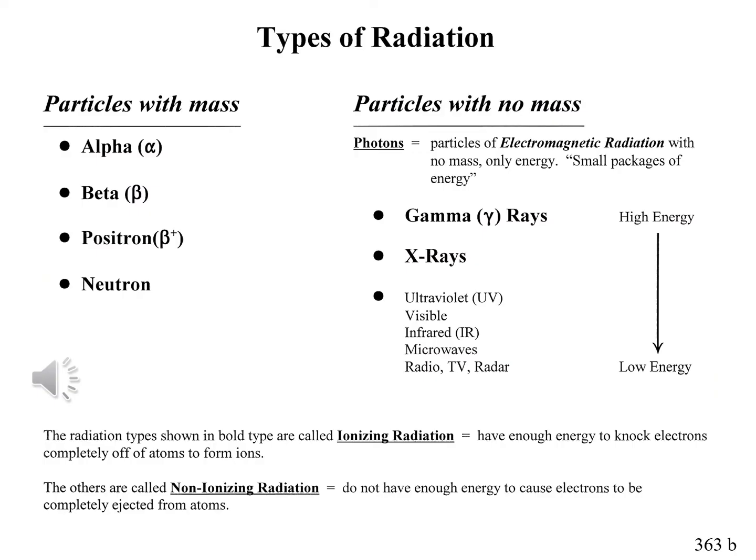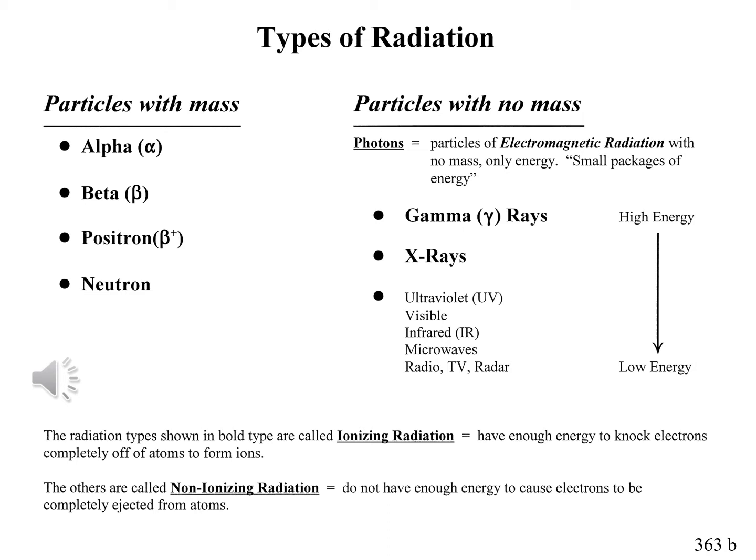So one classification of radiation is particles that have a mass and particles that don't. Another classification, though, is into whether particles have enough energy to actually cause atoms to ionize. All of the ones that are in bold here are what are called ionizing radiation.